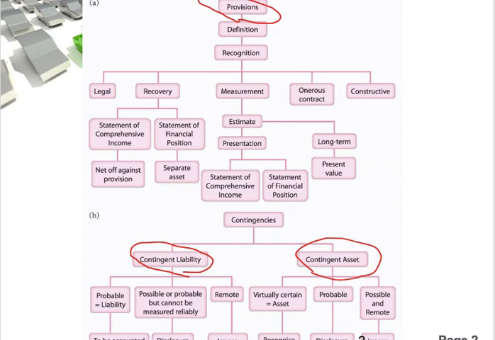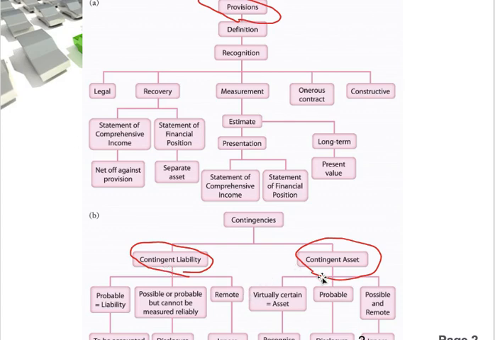So these are the two subsets of a liability, which are provision and contingent liability. To decide whether a liability is a provision or a contingent liability, there are certain criteria that need to be complied with. In short, provision will be shown in your financial statement, SOPL and SOP, whereas contingent liability is only disclosed in the notes to the account.